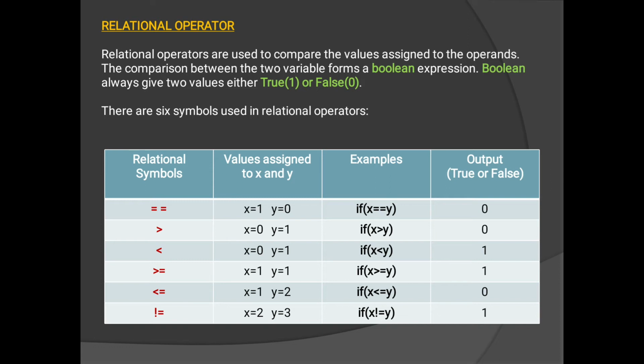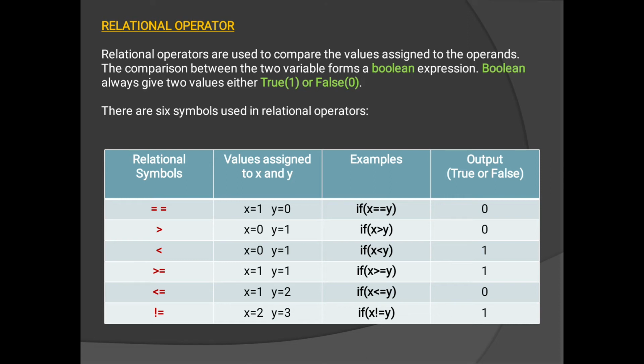Always in a relational operator we use this keyword called if, and in logical operators we also use this keyword if. This is used in a test condition. This if keyword we'll see in a later chapter, called control statements.